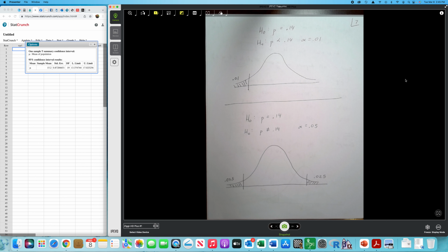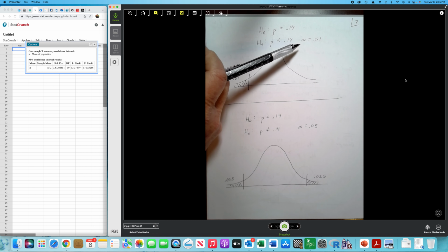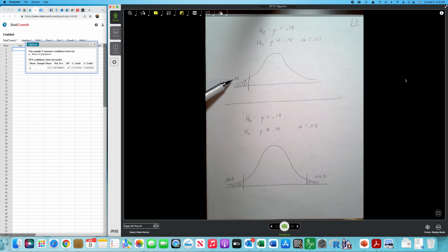What if I'm testing H sub 0: p equal 0.14, H sub A: p less than 0.14, my alpha is 0.01. Less than, I'm going to put my tail down to the left.